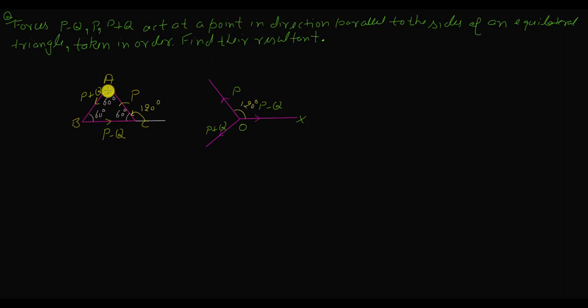Now let us see the angle between P plus Q and P. Take the forces away from this point. This force is away from the point, but this is coming in, so I am going to extrapolate it again, in white color.